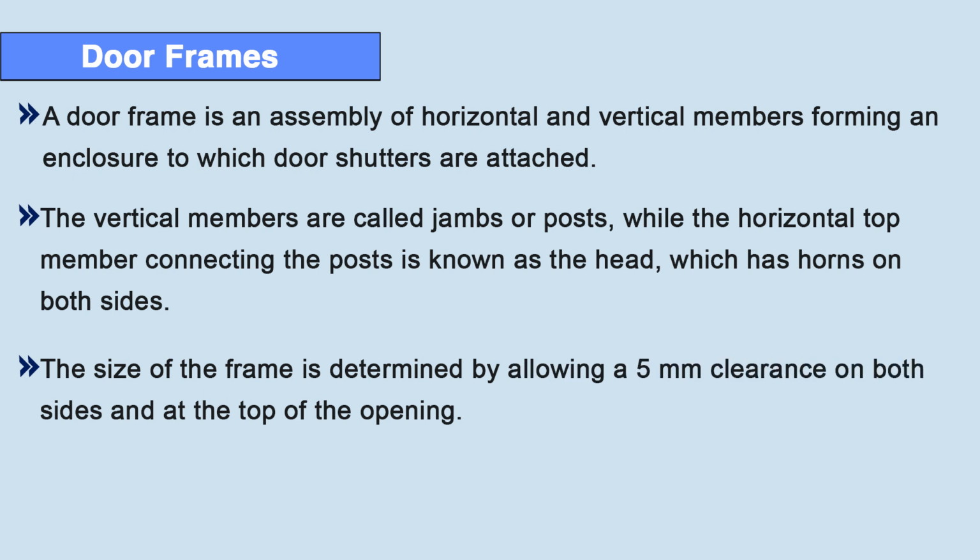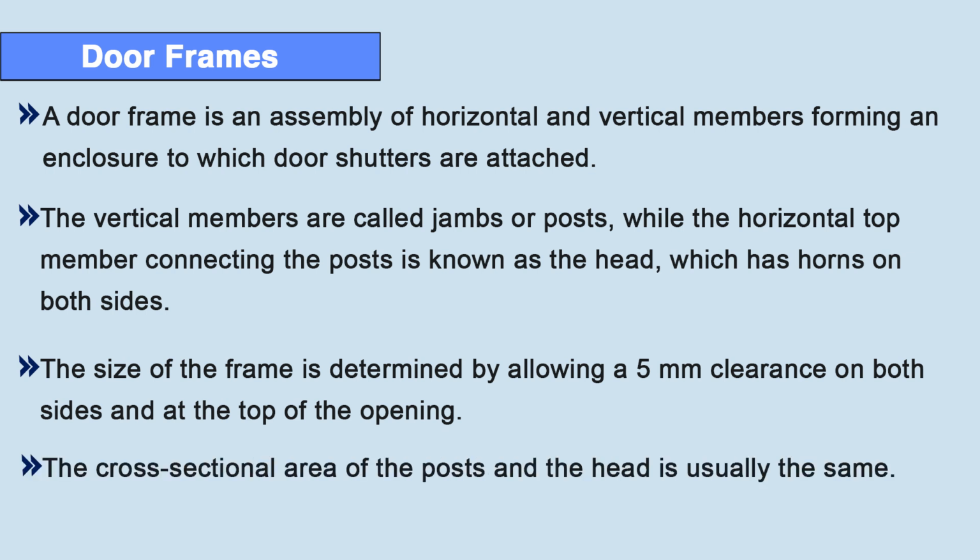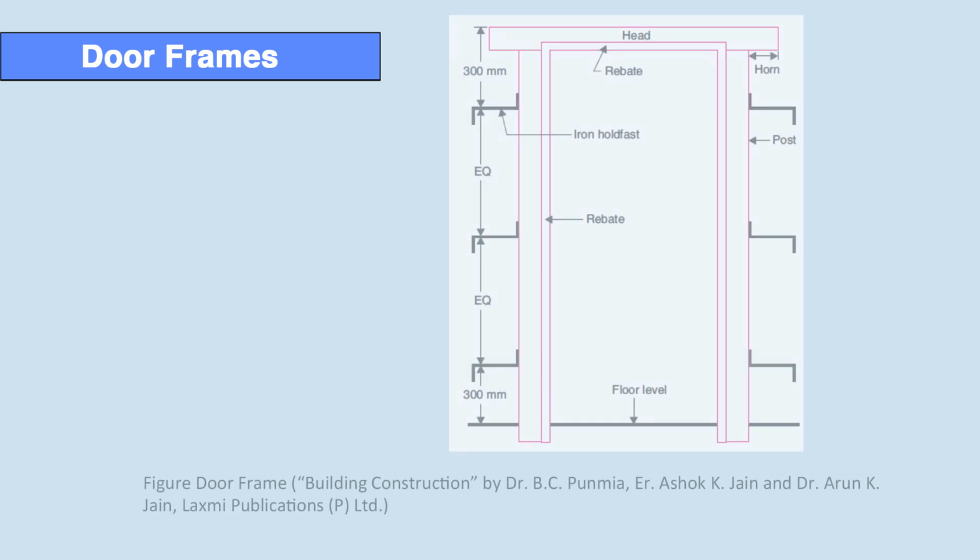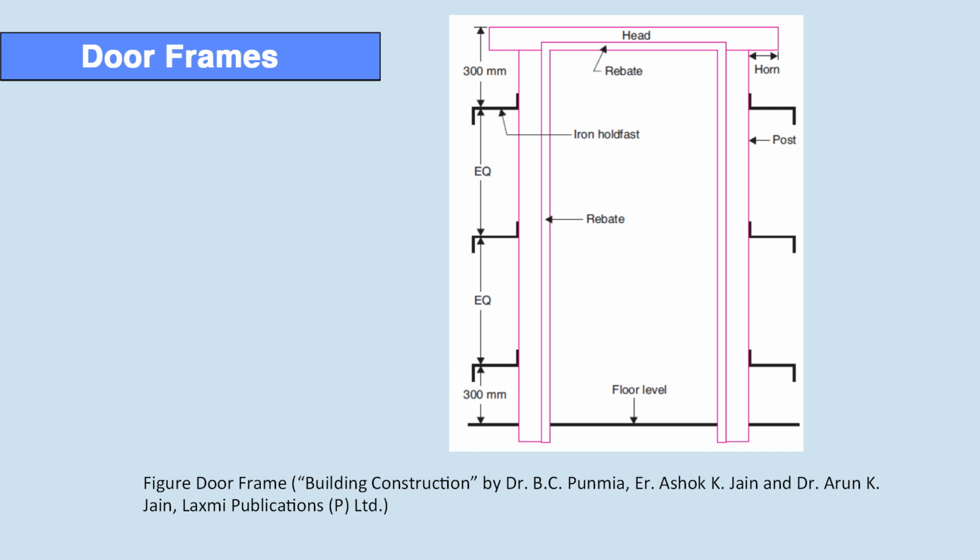The size of the frame is determined by allowing a 5 mm clearance on both the sides as well as top of the opening. The cross sectional area of the post and the head is usually the same. I think this figure provides you a general view of door frame.